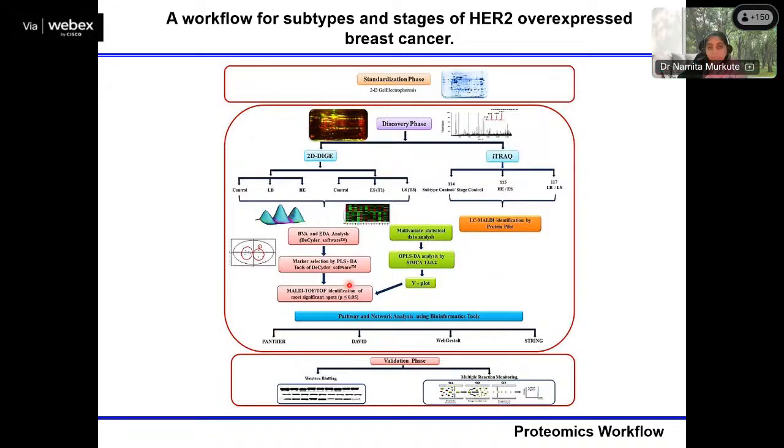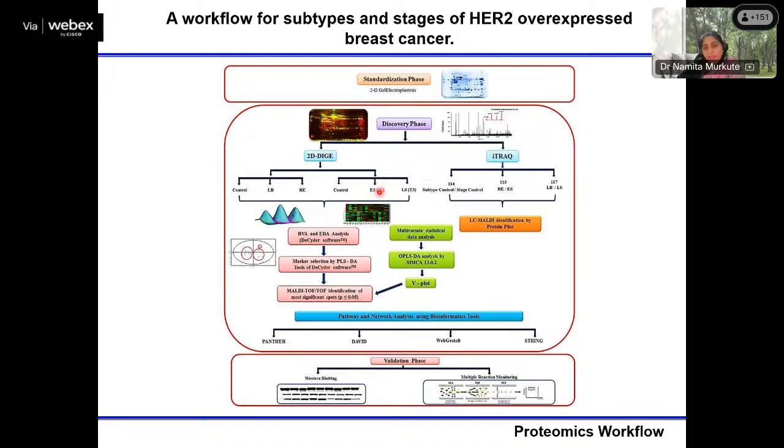So here, once I get the list of those proteins which are highly significant, I have submitted that list to the pathway and network analysis using different bioinformatic tools. So here, Panther, DAVID, WebGestalt and STRING I have used. STRING gives the protein-protein interaction. So I found the different pathways which are playing a role in that particular either stage 1 or what are not present in stage 3.